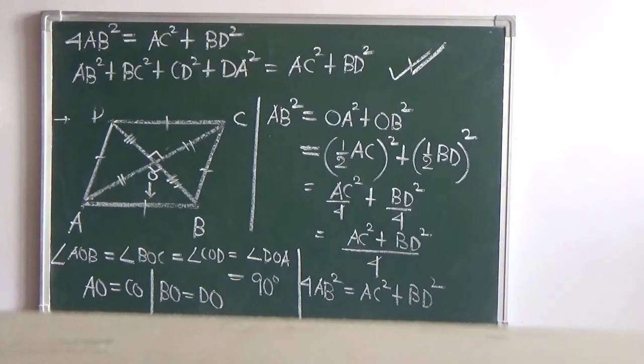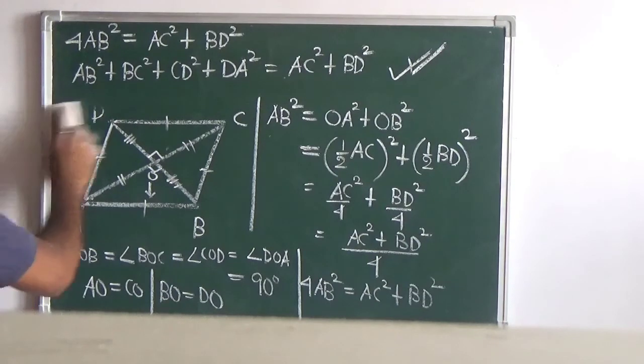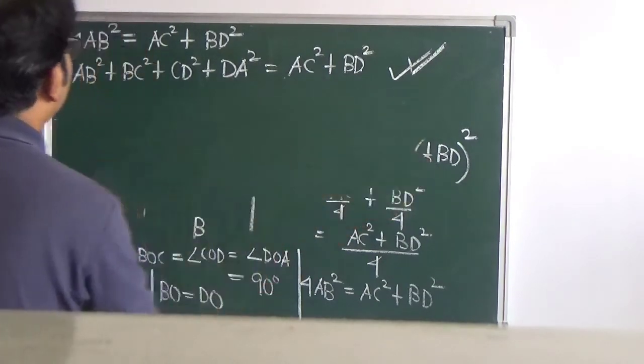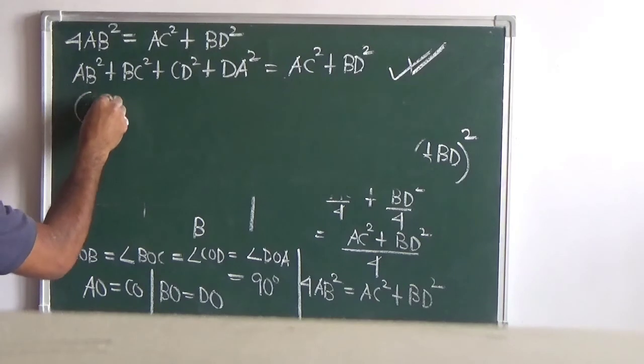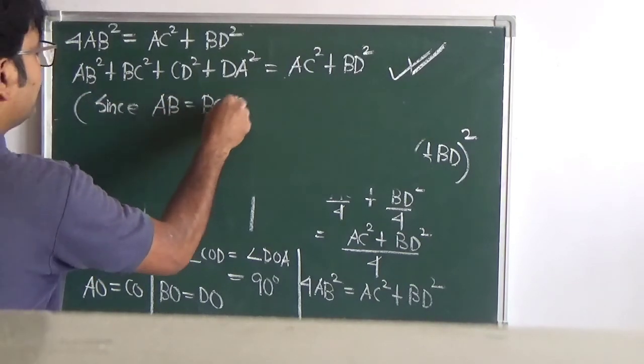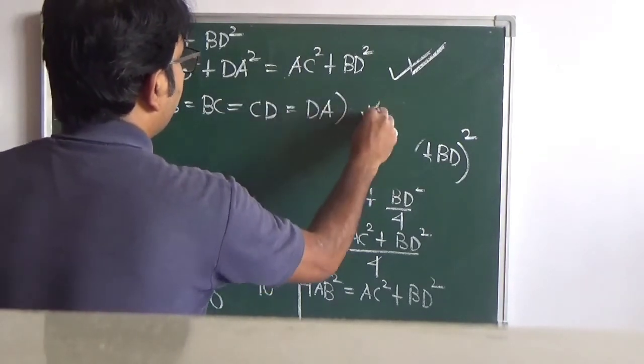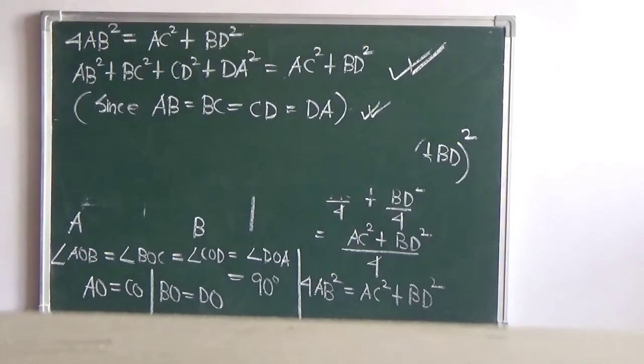Since AB, BC, CD and DA are all equal, you can write AB square plus BC square plus CD square plus DA square is equal to AC square plus BD square. You can write here, since AB is equal to BC is equal to CD equal to DA, so thereby we have the theorem, the question proved here.